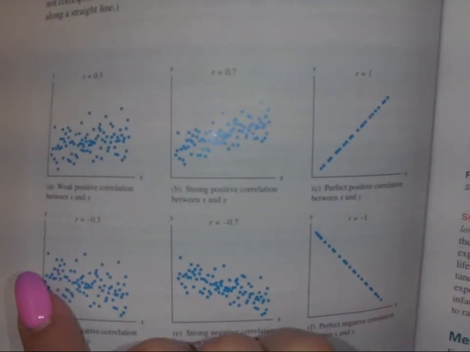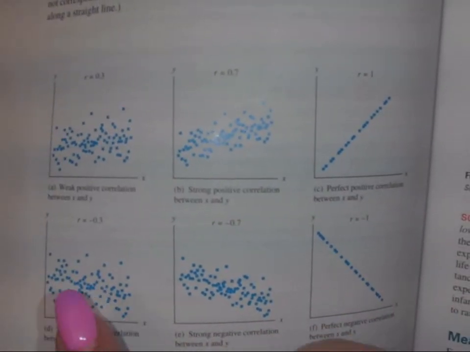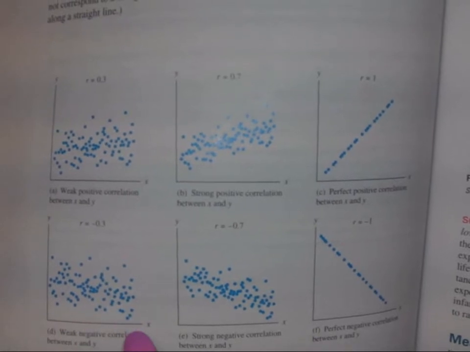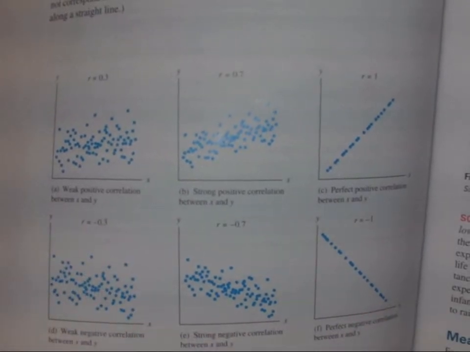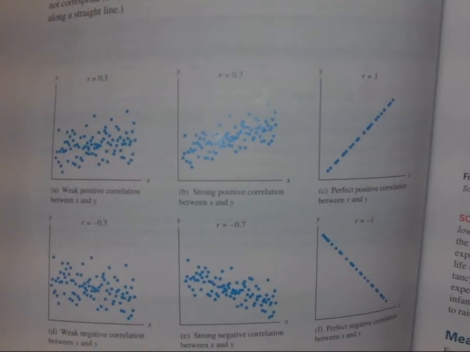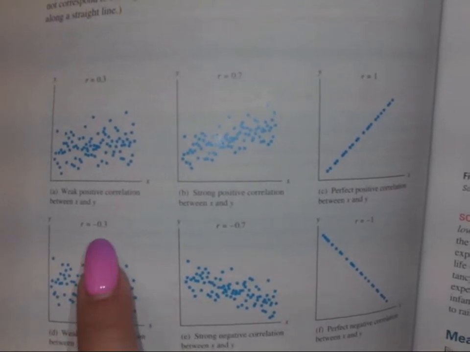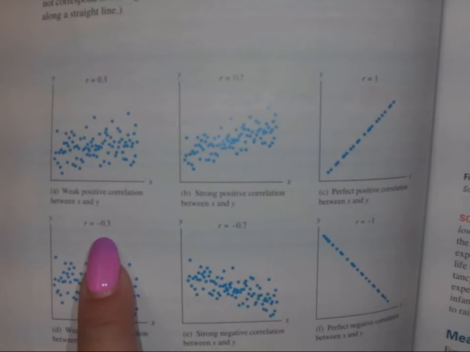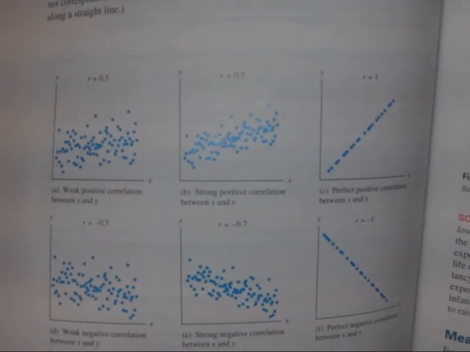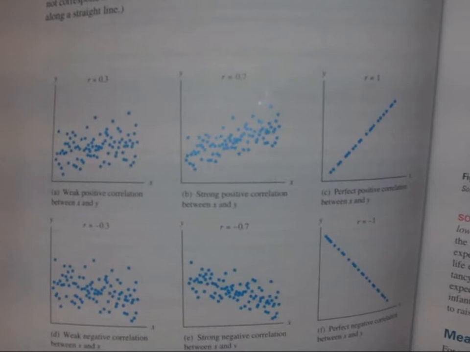Look at the other three. Notice this one's really spread out, but again, it starts up a little bit and goes down here. So look at the overall general direction. It's kind of negative, right? So look, they've got a negative 0.3. So that's about negative 30%. Now all that negative says is that as one goes up, the other goes down.